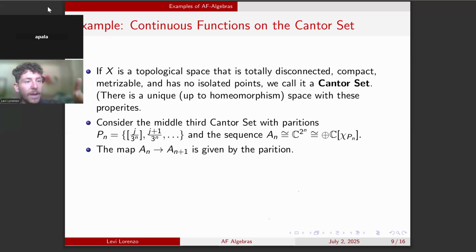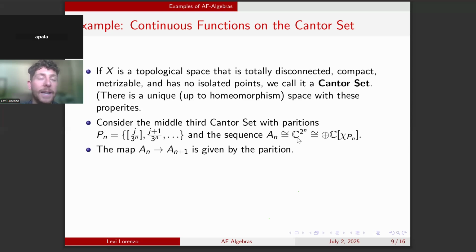So at each level, for the continuous functions on the Cantor set, each finite dimensional algebra is isomorphic to C^(2^n), which is the complex number multiples of the indicator functions on each of the partitions.